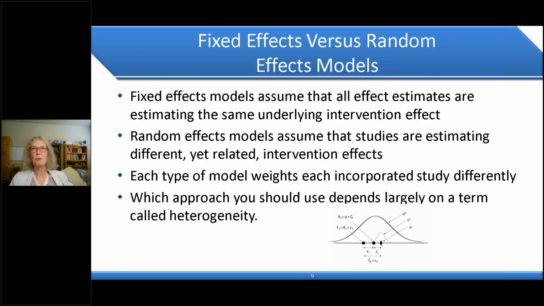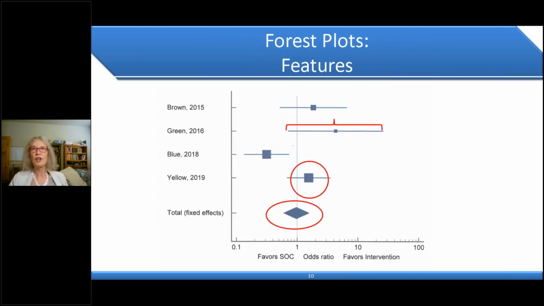The way we mathematically combine studies in meta-analysis is to use something called a model weight. In other words, how much does each study contribute percentage-wise to the overall pooling of the results? In random effects and fixed effects models, the algorithm which calculates the model weights is done differently. And so which approach we should use, fixed or random effects, depends mostly, not entirely, but mostly, on this term, statistical heterogeneity.